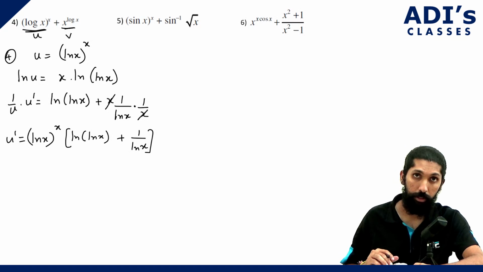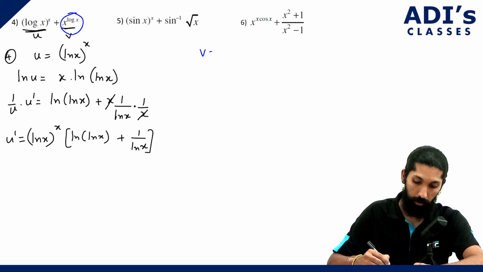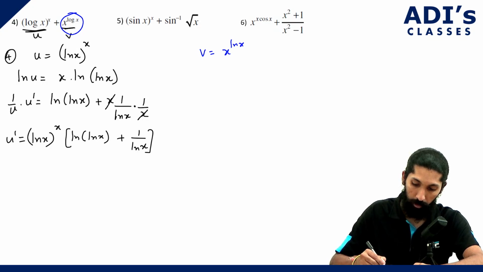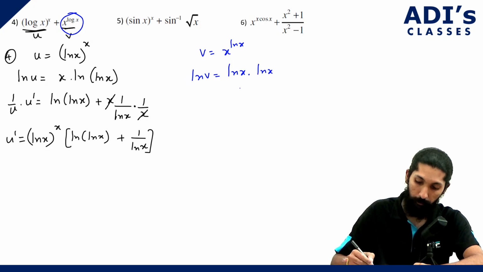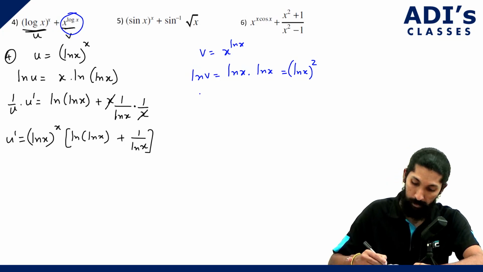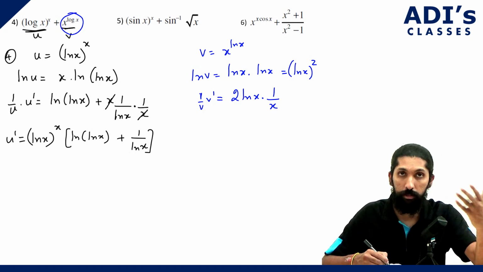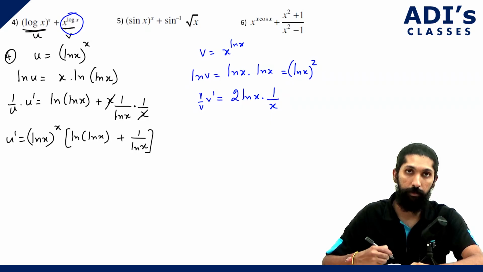Now we need to do the same thing for v, this one. So v is equal to x power log x. Again, take log. Log v is equal to log x into log x, or we can write this as (log x) whole square. So 1 by v into v dash is 2 times log x into 1 by x. It's like x square derivative, 2x, similar.